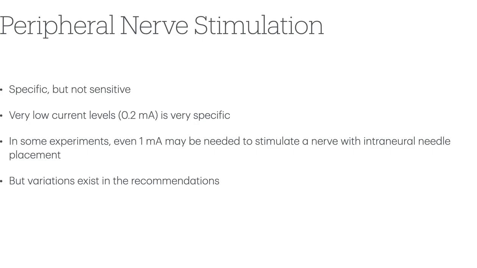So what about the popular peripheral nerve stimulator? It is specific. So if you can stimulate nerve, you see a response, it's definitely there, but it's definitely not sensitive. And there are varying recommendations. Some say 0.5, some say 0.2, some say you use different levels for different nerves. And this is quite confusing for practitioners to use as a guide as to what level to use.